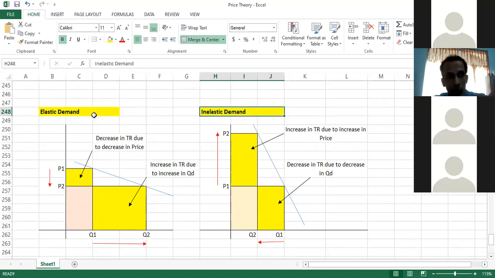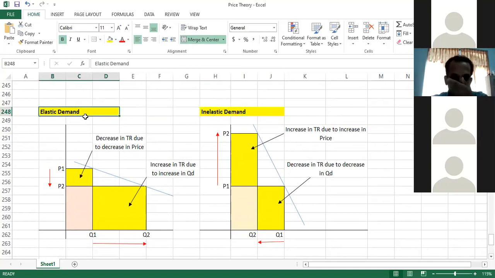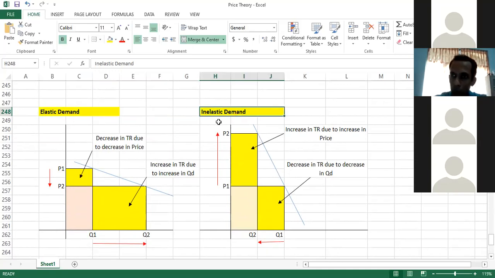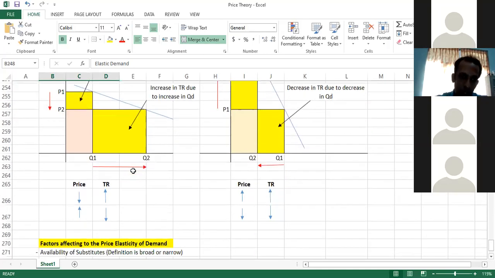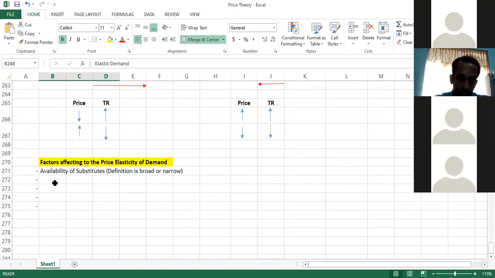But when there are a lot of substitutes, demand will be elastic. For example, oil has no substitutes, so the demand will be inelastic. But whenever there are substitutes, demand will be elastic, because we can easily shift from one product to another. So that is one main factor affecting the price elasticity of demand.